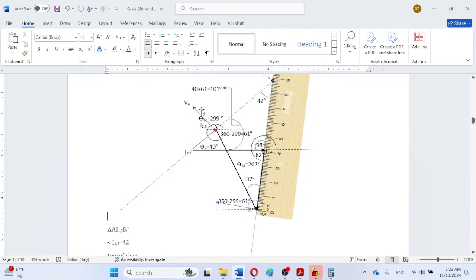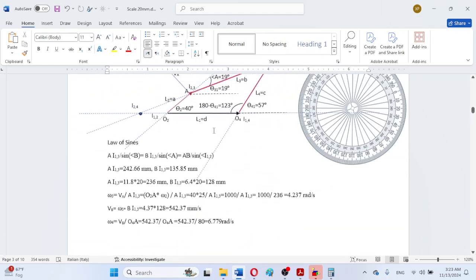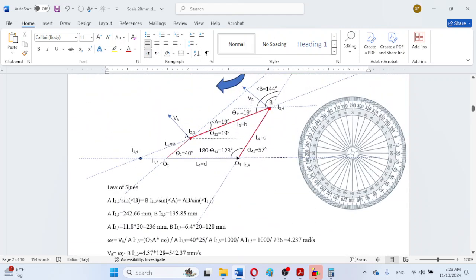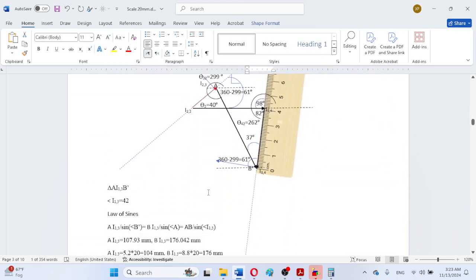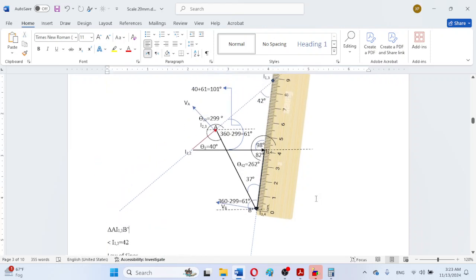This is VB, which can be copied from here and pasted here. So this is equal to VB.